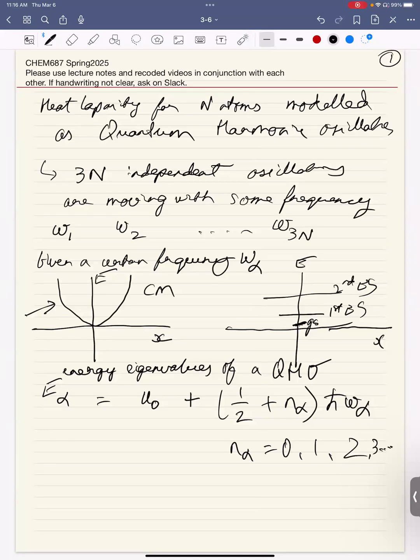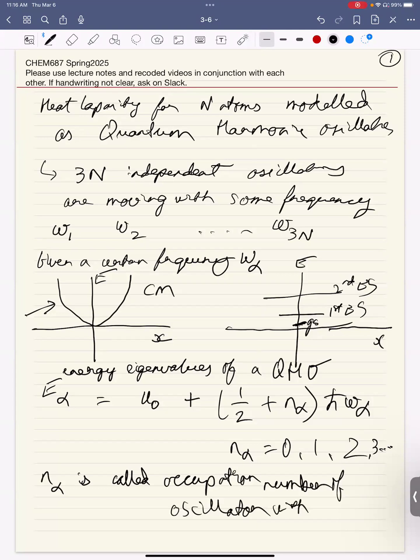Given a frequency omega alpha, the energy of that oscillator is E alpha. So n alpha is something we studied last time. It is called the occupation number of the oscillator with frequency omega alpha. And we also interchangeably call it the number of phonons.